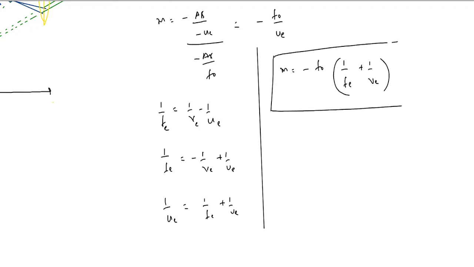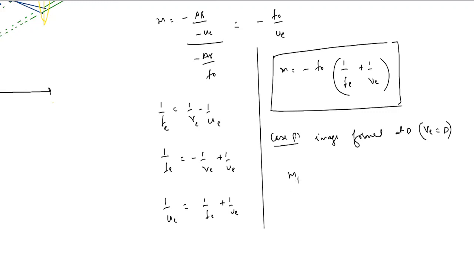Minus sign means that the image is inverted. Again here we had two cases. Case 1, image formed at D. It implies that VE is equal to D. You already put the sign convention here for V, so there's no need to put it back here.